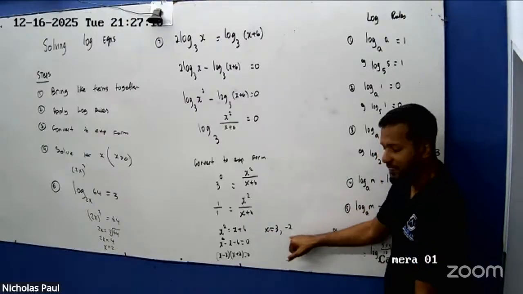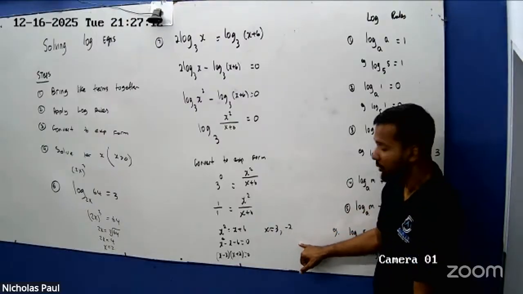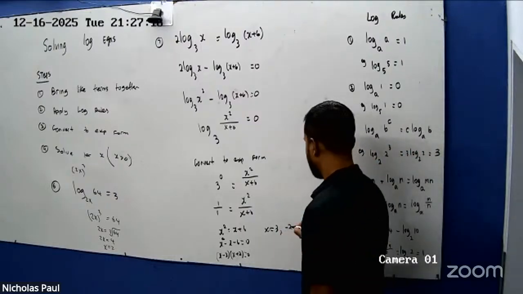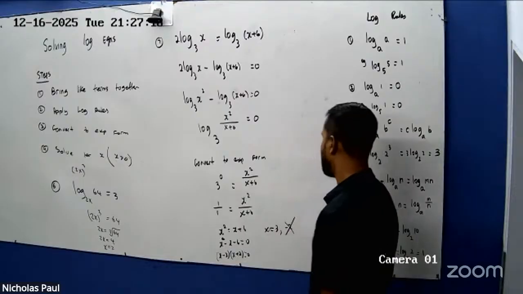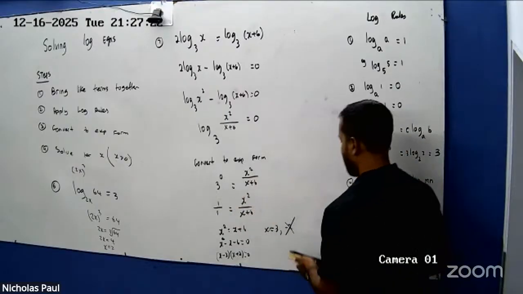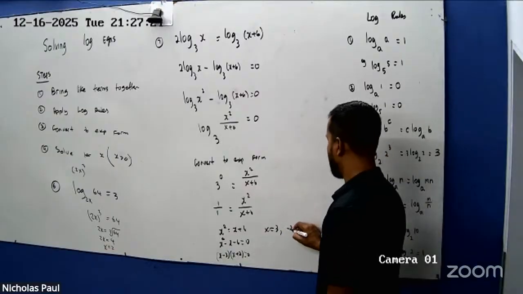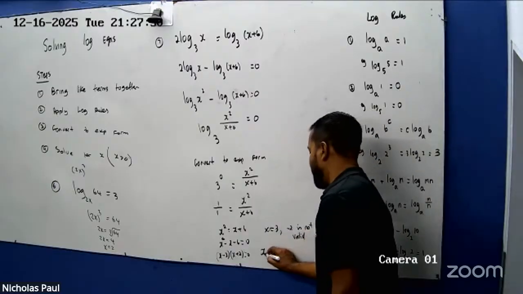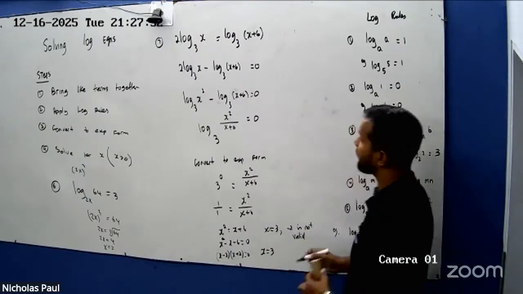Do I accept both values? No, you only want the positive. I shouldn't accept x that's negative, that's not valid, right? So therefore, the only answer is x is 3.